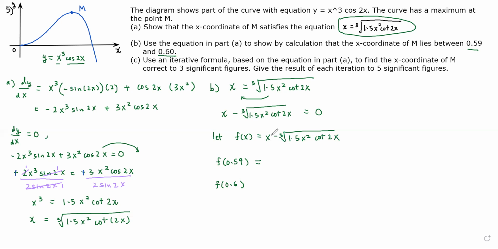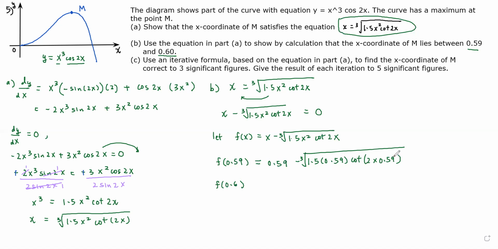So evaluate f at 0.59. You replace x with 0.59. So for this case, you have 0.59 minus the cube root of 1.5 times 0.59 squared times cot of 2 times 0.59, and evaluate this.